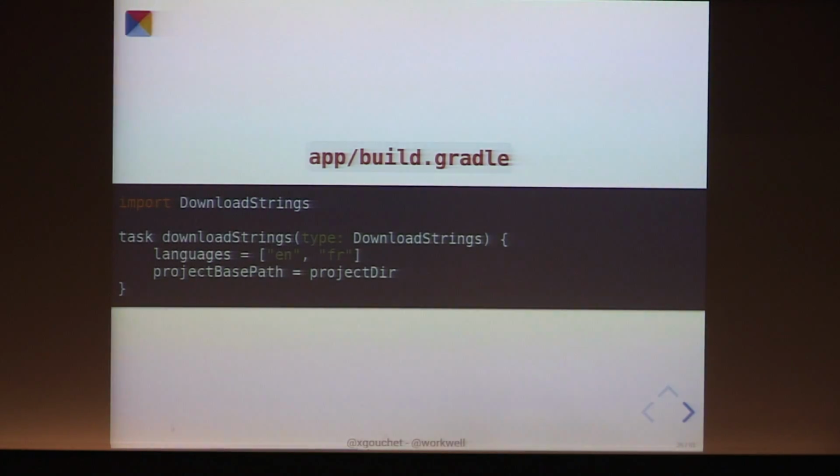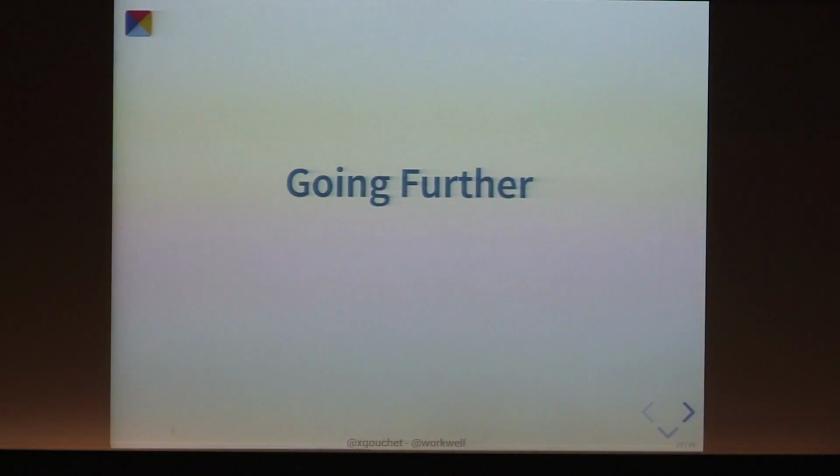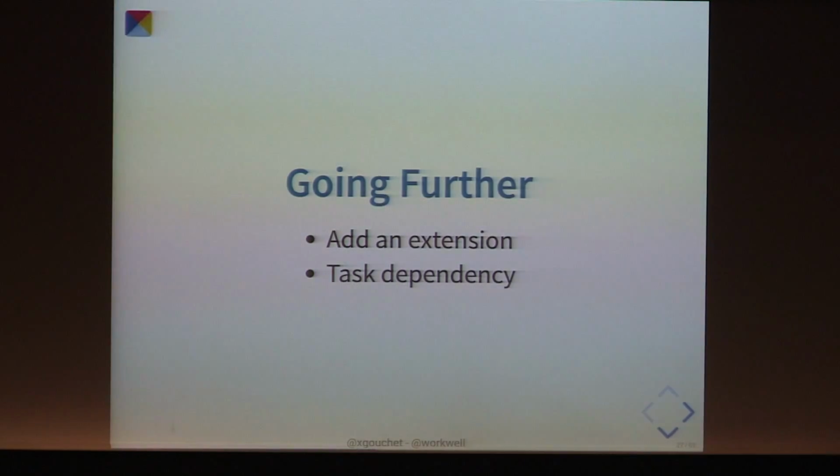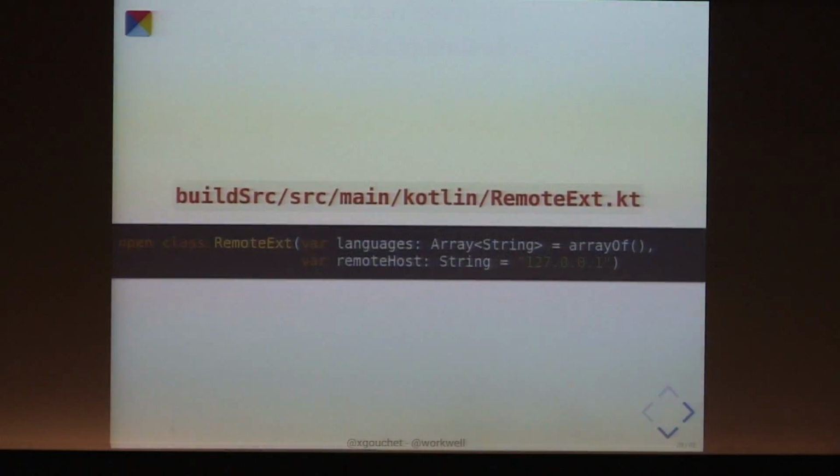But we can do better, because right now we need to create the task ourselves, we need to give it the project directory, so it's something that could be automated. So going further, we're going to add an extension, and we're going to add a task dependency, because right now the task only lives by itself. We want it to be part of the global application build system.